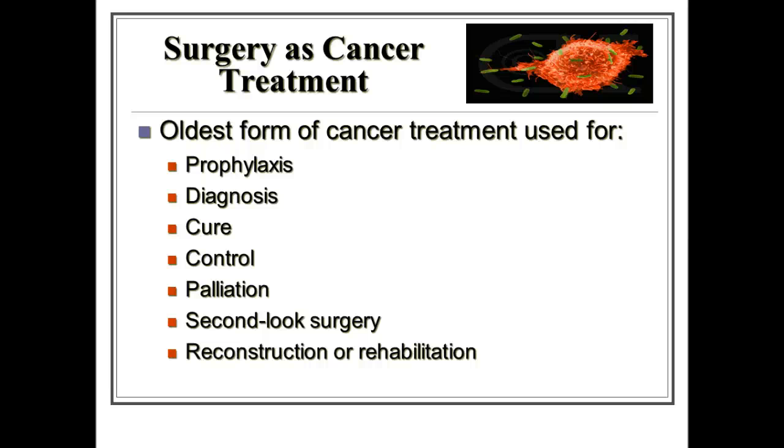Surgery alone can result in a cure rate of 27 to 30% when you've gotten all the tissue. Cancer control or cytoreductive surgery removes part of, but not the entire, tumor. It is also known as debulking surgery and alone cannot result in a cure, so it's about control.